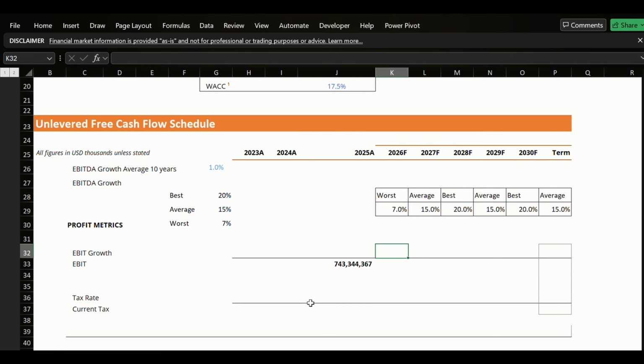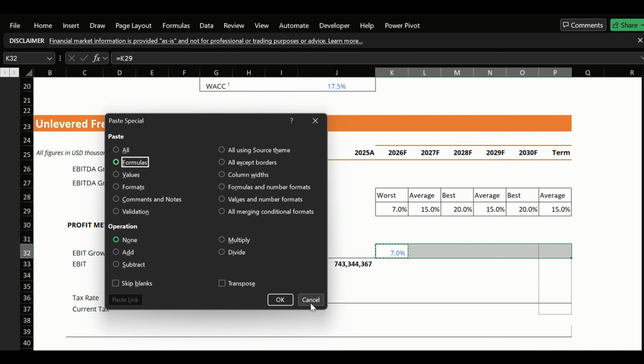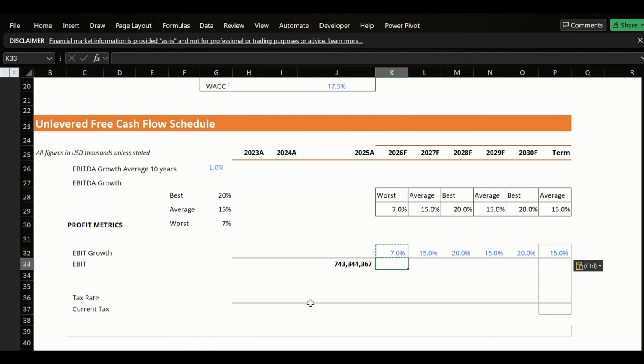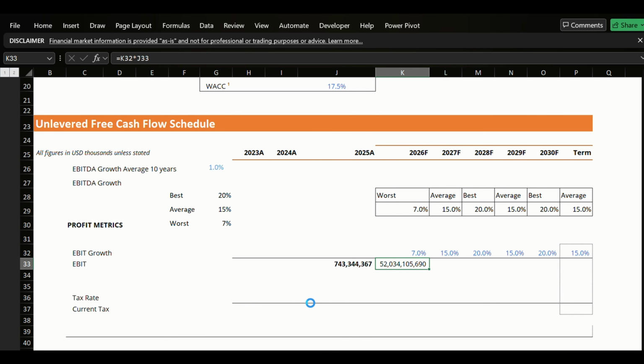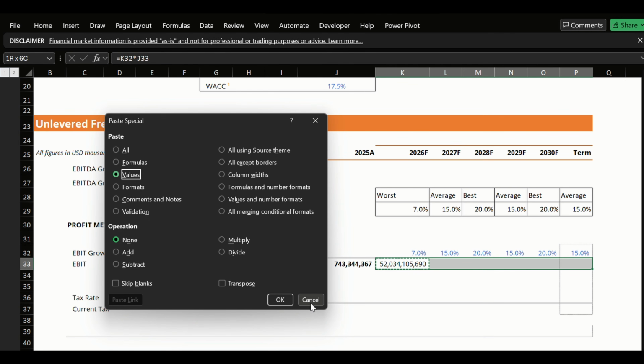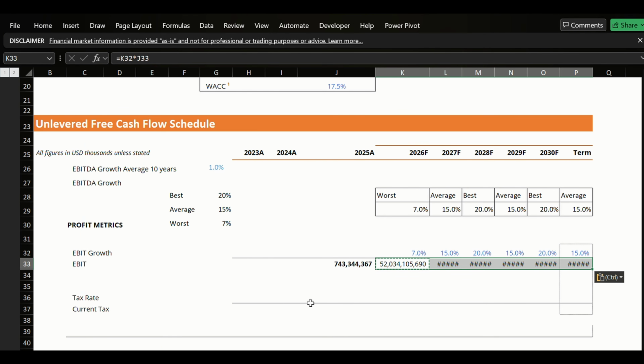So we go, the EBIT growth equals this, based on the formulas. Just a simple corkscrew here. Control C, Control Alt V, paste the formulas.